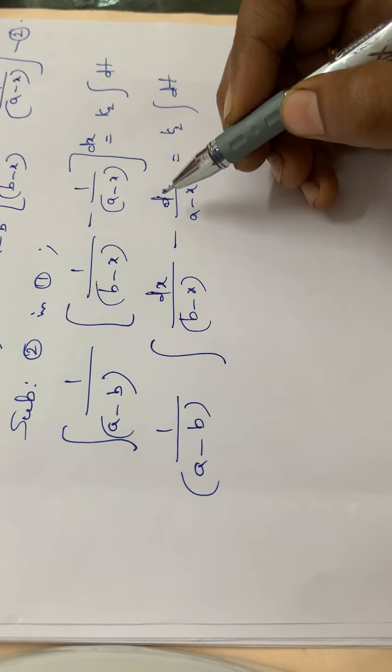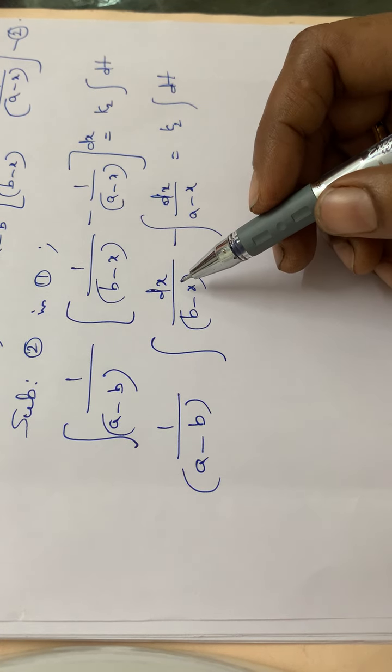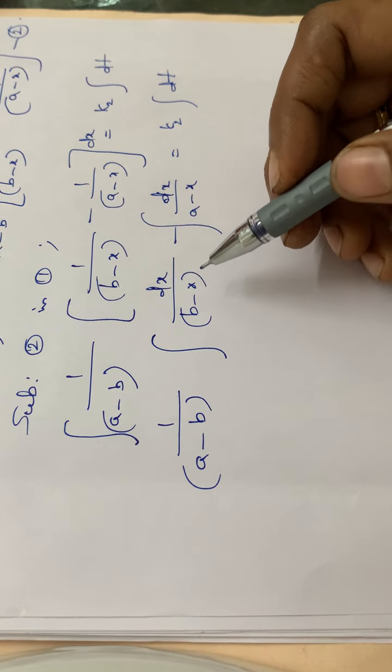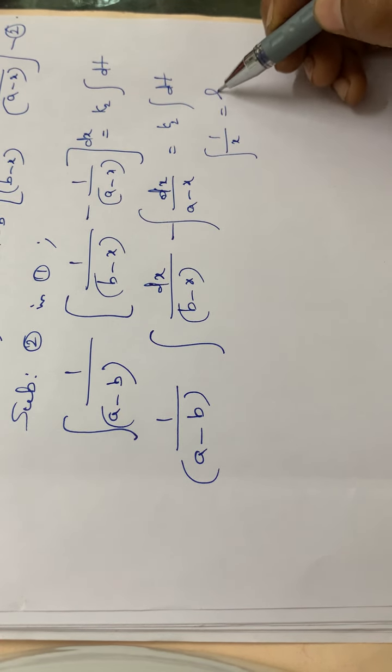So again you have to integrate this particular equation. This is in the form of 1 by x, isn't it? The integral of 1 by x is equal to ln x.